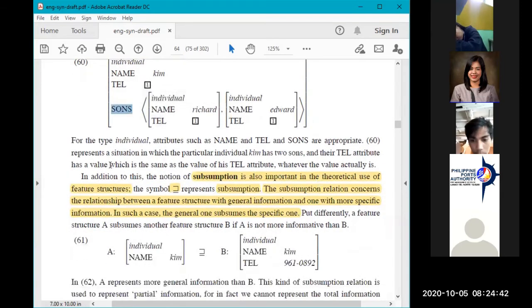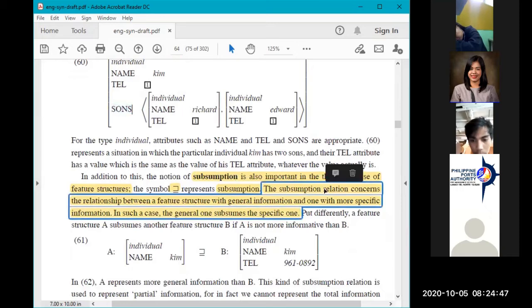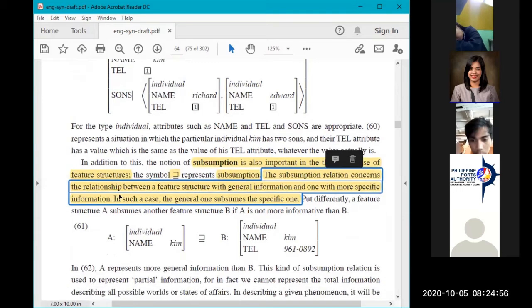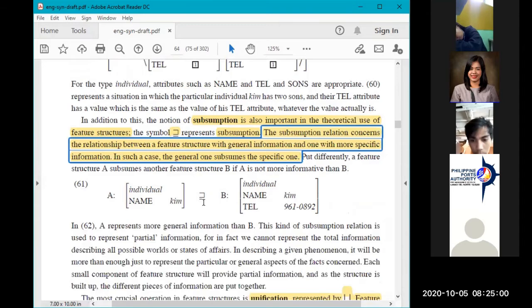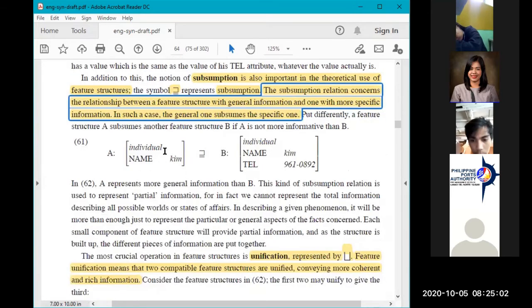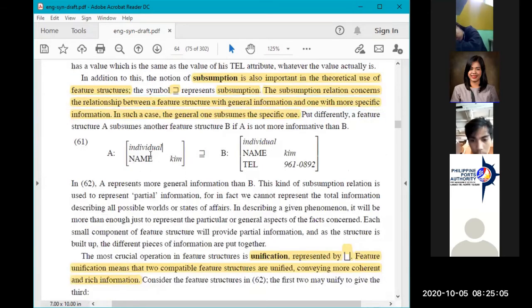Now, we also have this notion called subsumption, which concerns the relationship between a feature structure with general information and one with more specific information. In such cases, the general one subsumes the specific one. For example, this individual, the attribute name Kim, subsumes this other attribute or other value.